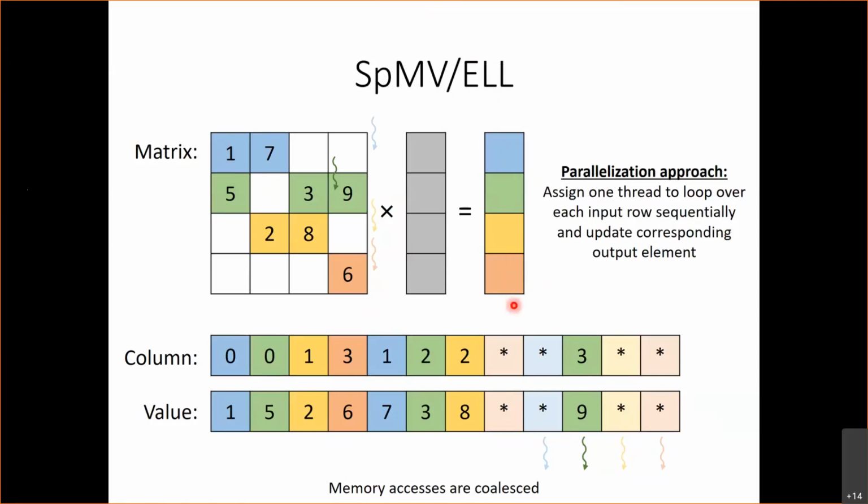And then finally, we have control divergence. So how does ELL compare to CSR in terms of control divergence? It has less. How so?